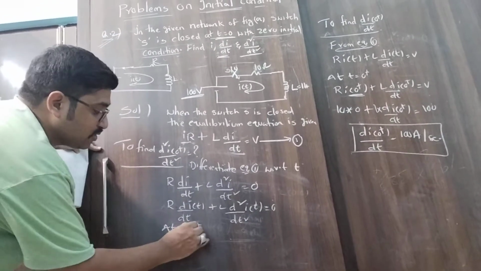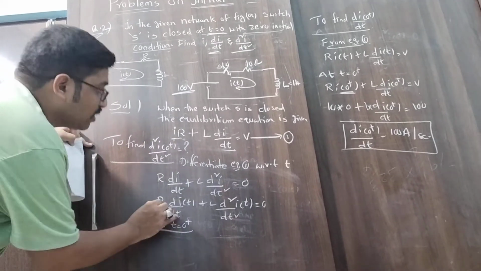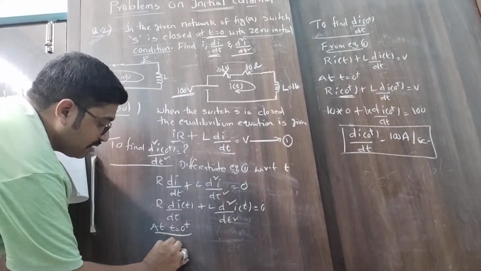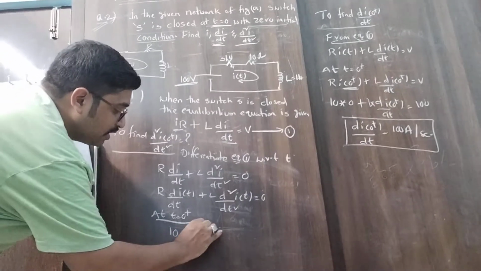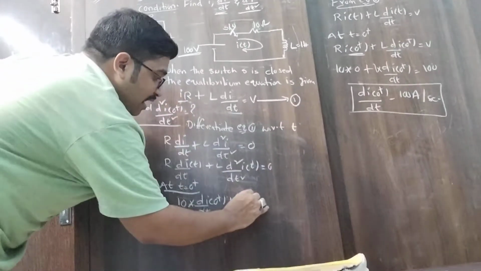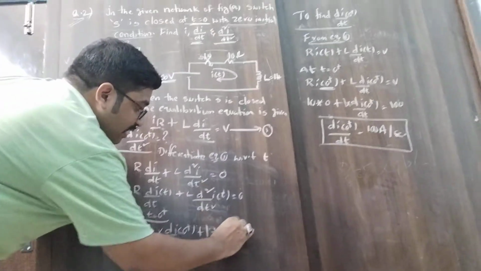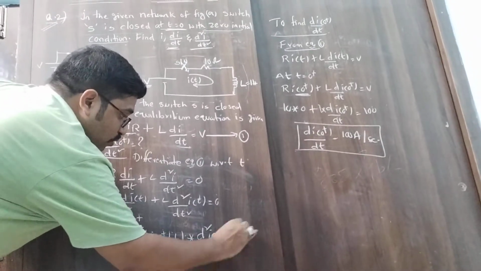What is the value of R? R value will be 10 multiplied by d divided by dt of I of 0 plus, plus L value, 1 Henry, multiplied by d square I of 0 plus divided by dt square is equal to 0.